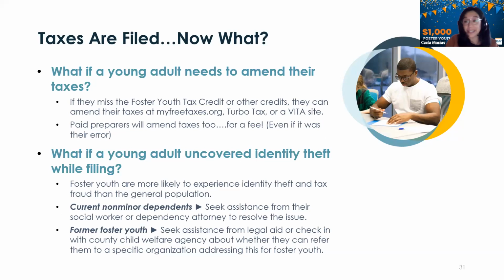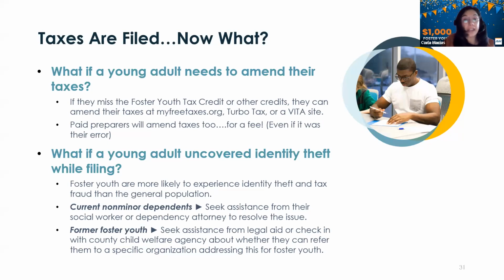Just this past tax season, I did do quite a few amendments, a couple with TurboTax, a couple with two sisters that went to a paid preparer, and then they came to a VITA site and did an amendment. So definitely, we're waiting to see what's going to happen. So we'll just wait to see.